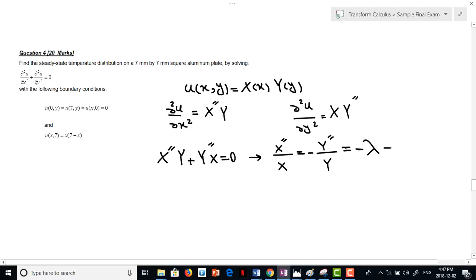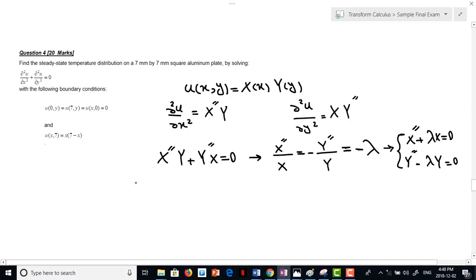So we end up with two ordinary differential equations. The first one is X double prime plus lambda X equal to 0. And the second one is Y double prime minus lambda Y equal to 0.